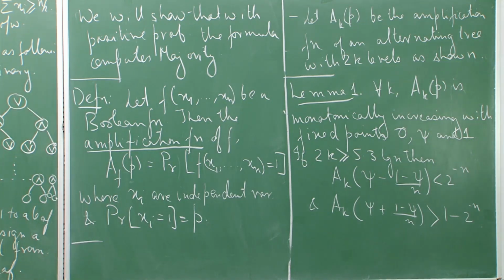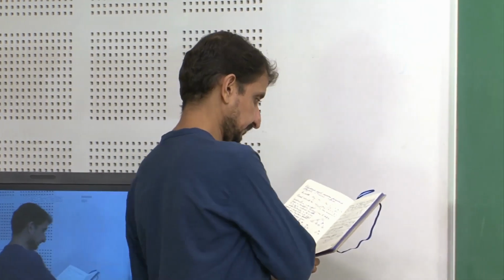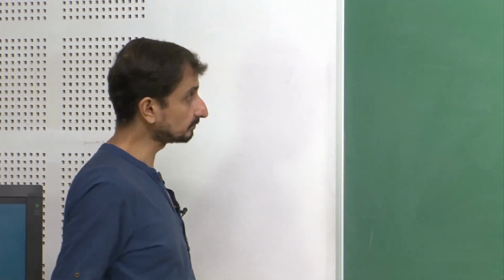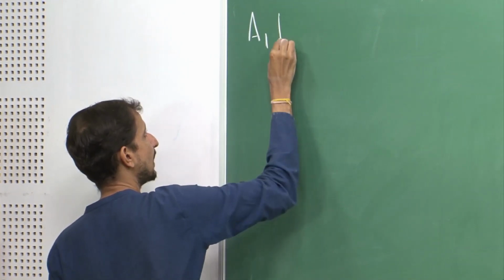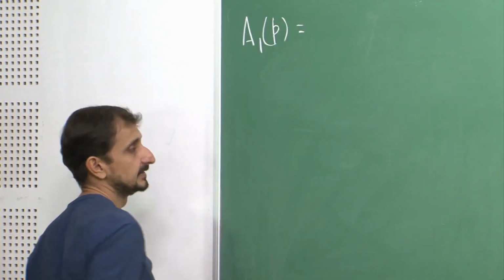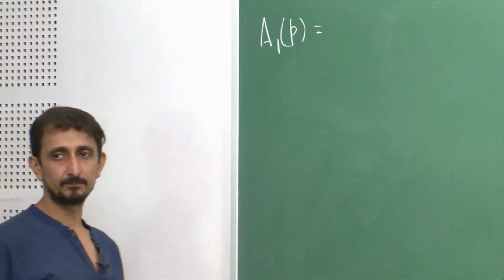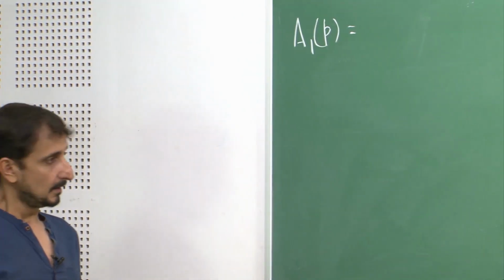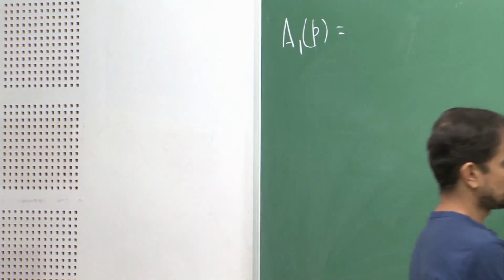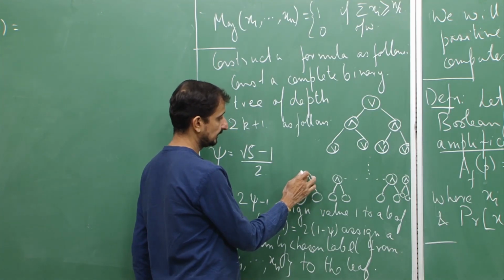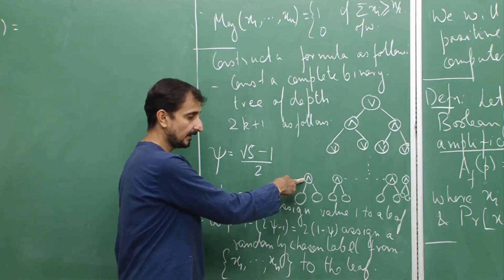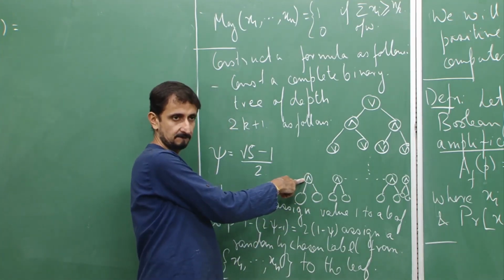So, let us see. How do we prove this? So, first of all, let us try to compute what A1 of p is. Let us look at this tree. So, what is the probability that this node outputs a 1?